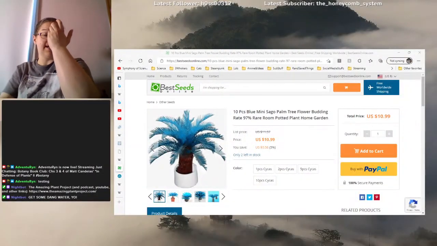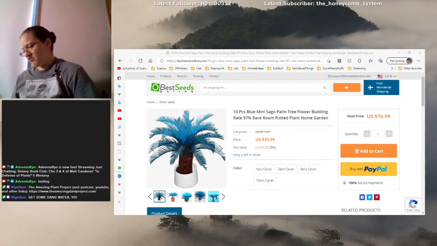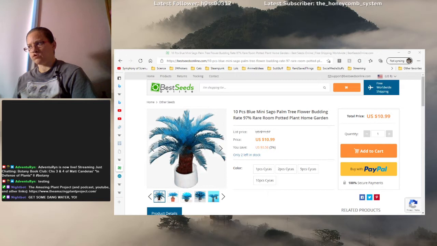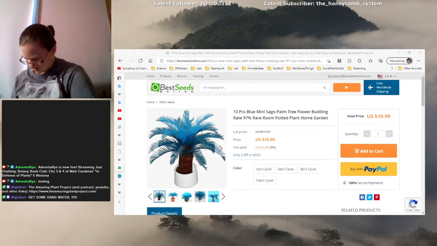Oh yeah, just as a thing, right? I was going through, and the sago palm was mentioned as a plant that also depends on... where was it?